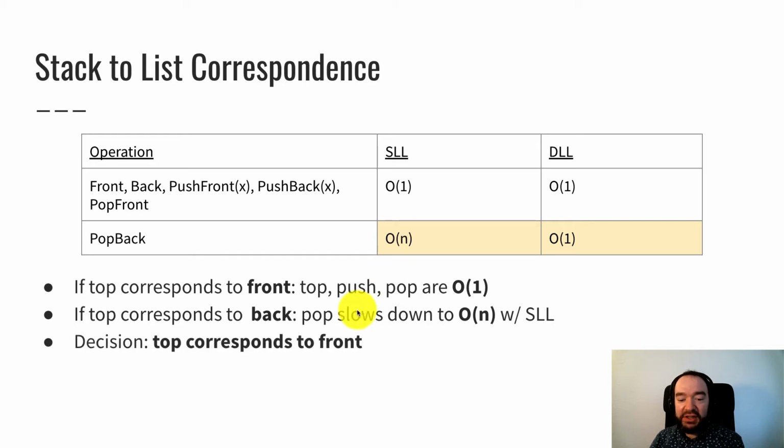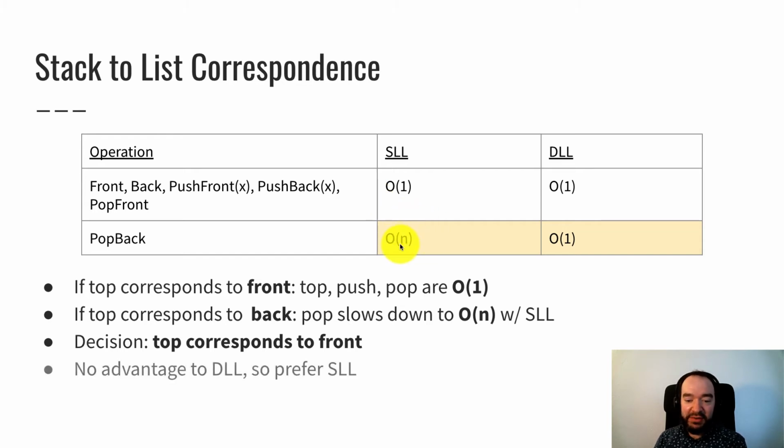So the decision here is that we should definitely have the top of the stack correspond to the front of the linked list, because if we do it that way, we get constant time operations for all of the stack operations. If we make the top correspond to the back of the list and we choose a singly linked list, then pop is going to be slow.